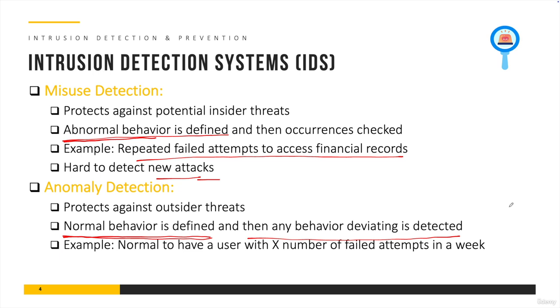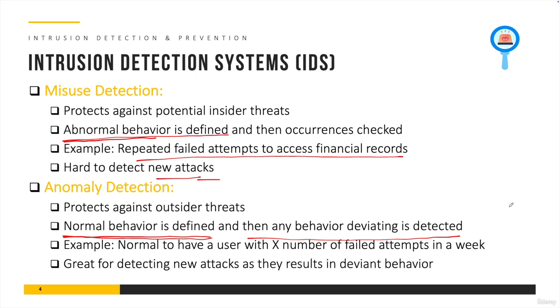But anything above and beyond that, for example more failed attempts, may reveal a malicious attack or someone trying to guess the password. So as soon as that threshold is passed, an alert is generated. This type of strategy is great for detecting new attacks because we just define the normal baseline, and then anything beyond that is considered an anomaly, and an alert is generated.